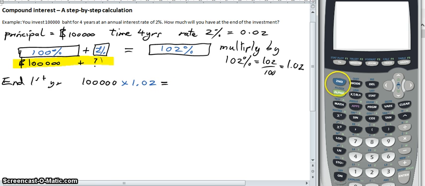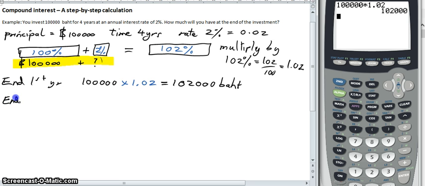I'll do this over here. 100,000 times 1.02, and that gives me 102,000 baht. In other words, I've just earned 2,000 baht. I've now got 102,000 baht.